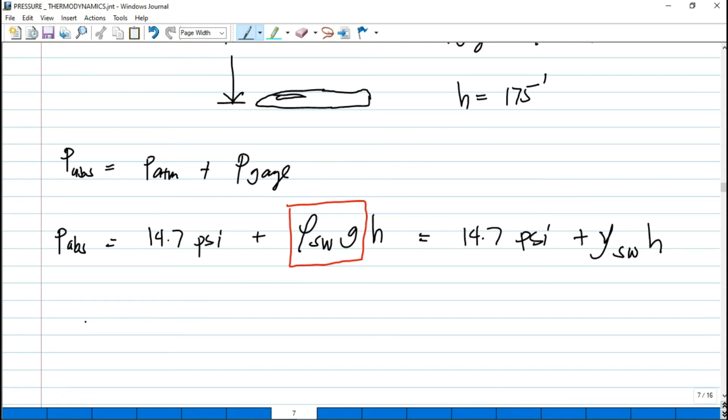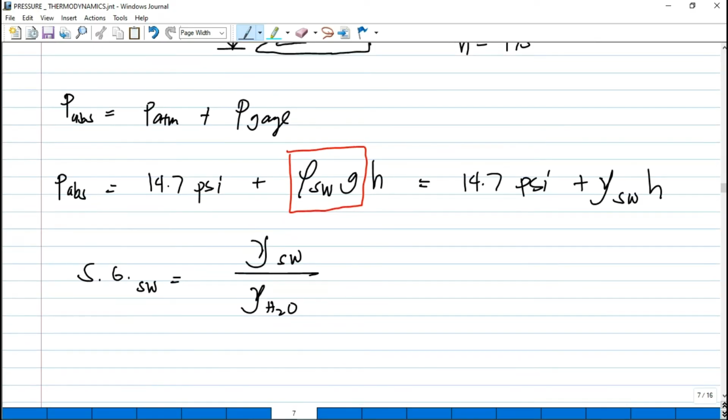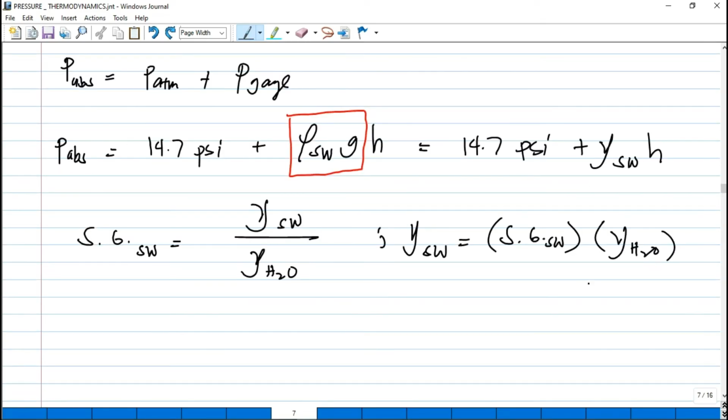The specific gravity of seawater is equal to the specific weight of seawater over the specific weight of our standard fluid for specific gravity, that is water, H2O. Therefore, the specific weight of seawater is the specific gravity of seawater times the specific weight of water at standard condition, that is 62.4 pound force per cubic feet.